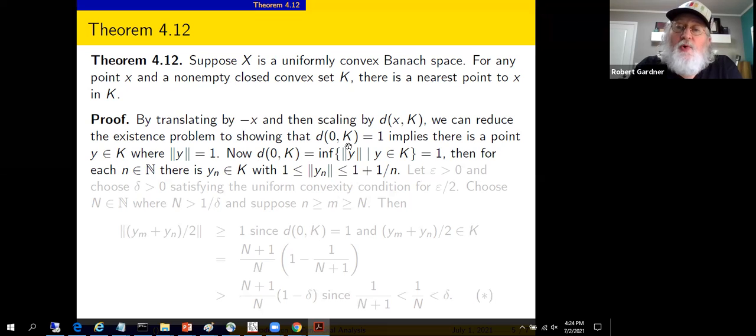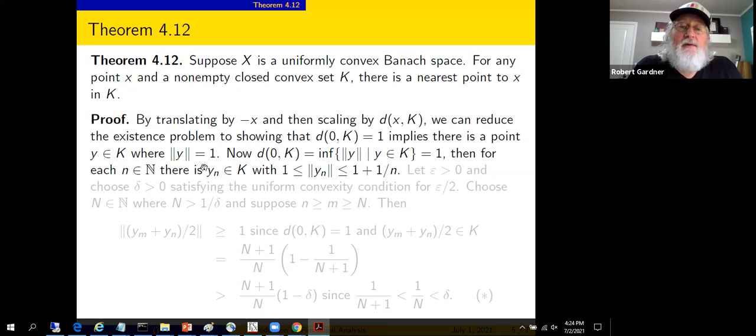The closest point will be a distance 1 from 0. Vectors that have distance 1 from the 0 vector are unit vectors. So it translates the question into find a unit vector in modified set K, translated and scaled.